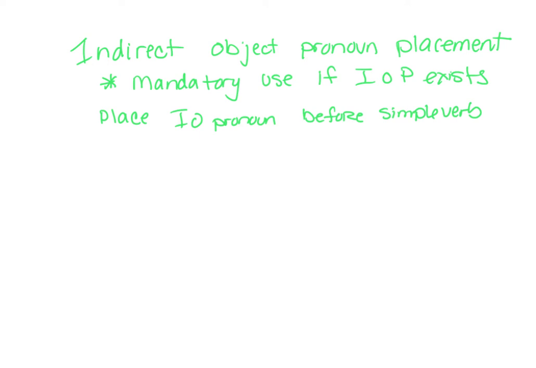We have to use them. Whereas in our direct object pronoun, remember we had the choice of either using las monedas or las. In Spanish, which is different from English also, if the indirect object exists contextually, you have to use it in pronoun form. You can add on in noun form, and we're going to talk about that. It's called a clarifier, but you have to use the pronoun form.